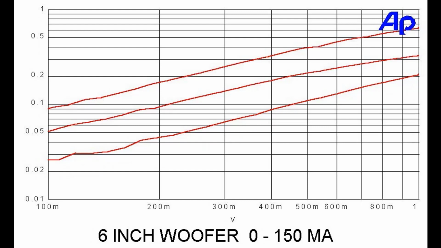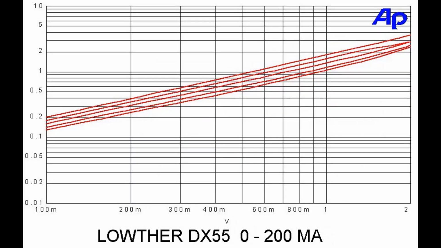Next is a fairly expensive 6-inch woofer with zero current at the top, 75 milliamps in the middle, and 150 milliamps at the bottom, with a reduction of about 75%. Here's a Lowther doing the same sort of thing with 0 to 200 milliamps in 50 milliamp increments, with about a 50% improvement.